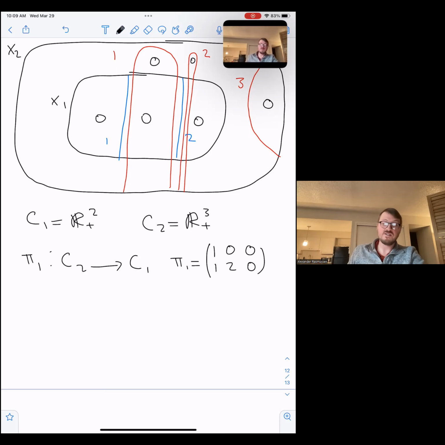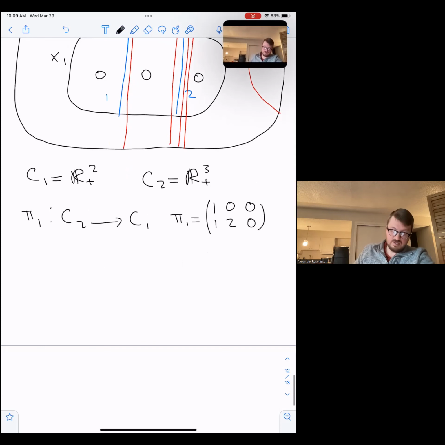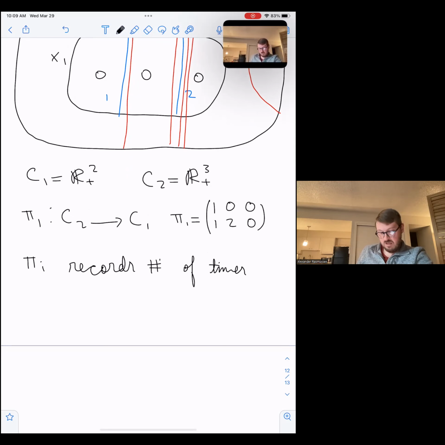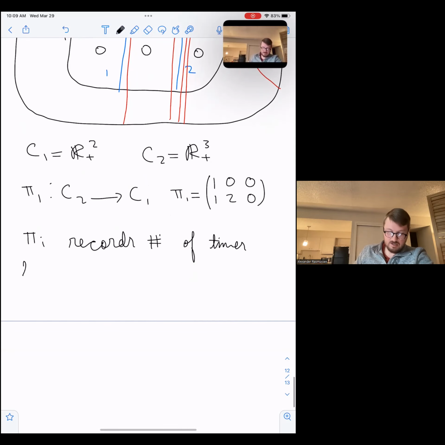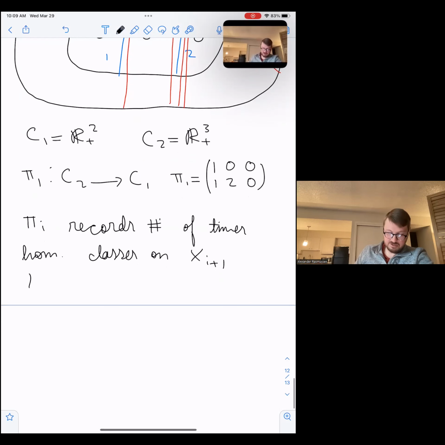And that's the idea. So in words, pi i just records the number of times that the homotopy classes on x(i+1) traverse those on xi.